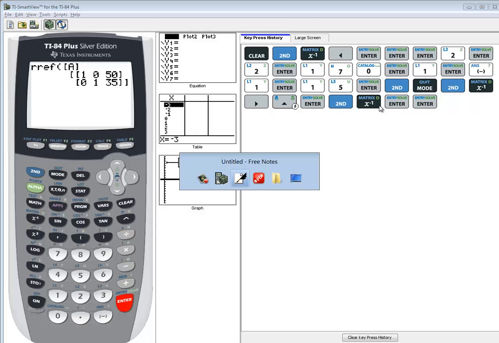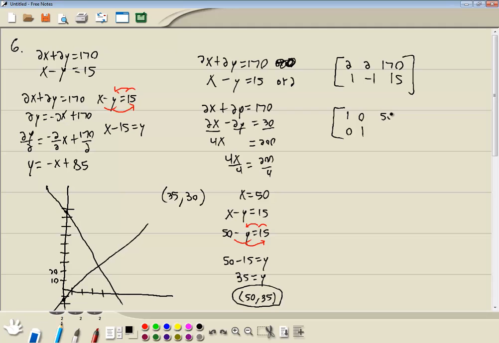And we'll get 50 and 35. Now it worked. Two equations, two variables. Your first 2 by 2 should be a diagonal 1, zeros everywhere else, and it is. That means this is my x, and this is my y. So our answer would be 50, 35.